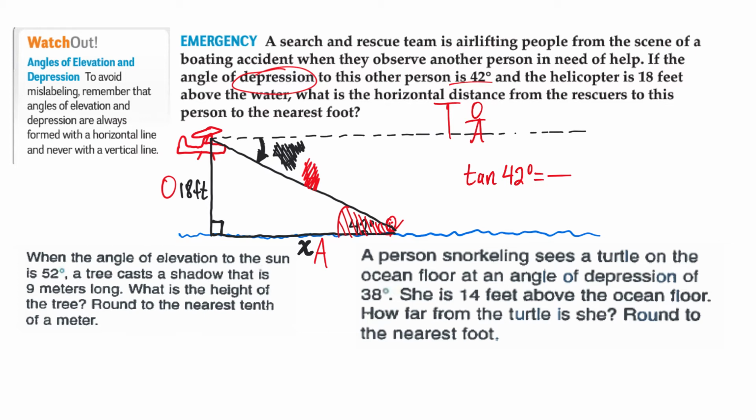How long is the opposite? 18 over how long is the adjacent? When X is on bottom, do I multiply or divide? Divide. So I'm going to do 18 divided by the tan of 42.